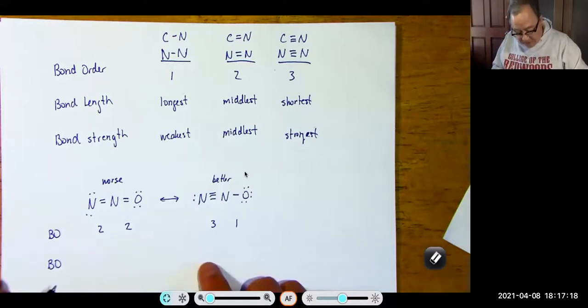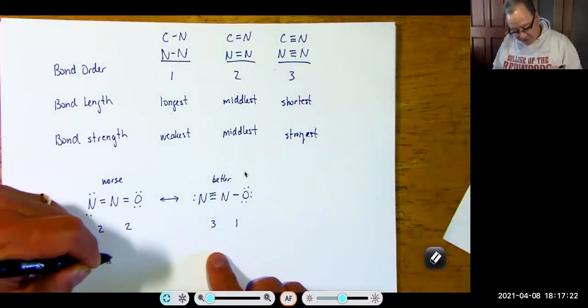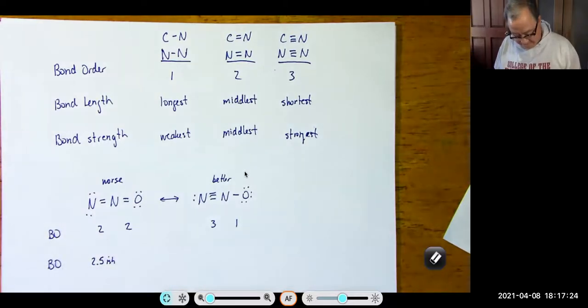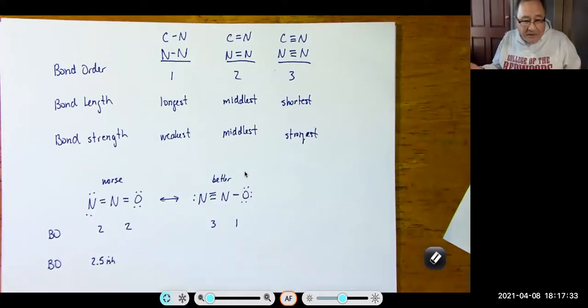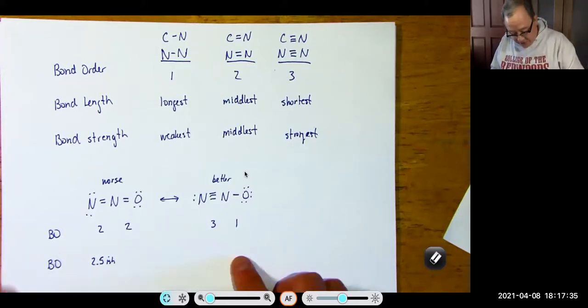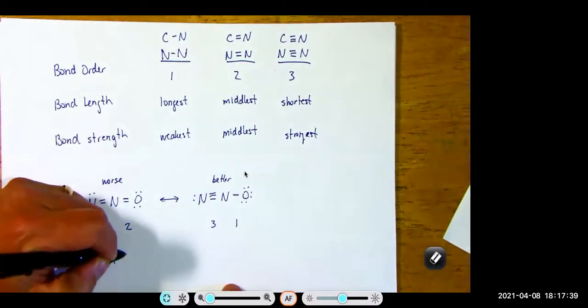So here we would say the bond order is kind of like a 2.5, and I'm going to say ish. Now, why am I saying ish? Well, because it's not exact, because it's an average of the two. It's an average of the two, but one's a little bit better than the other, right? And so what would this one be? 1.5-ish.